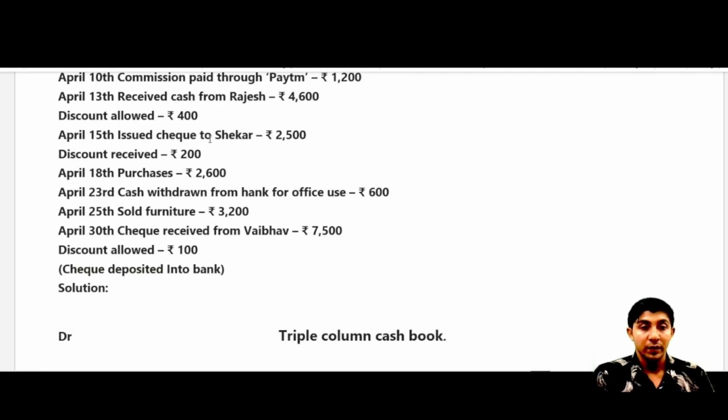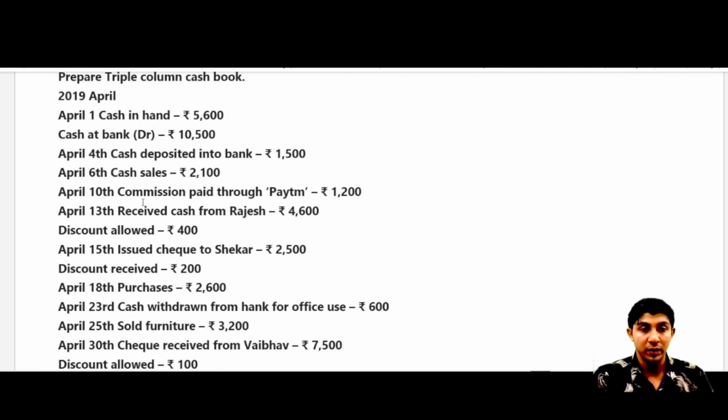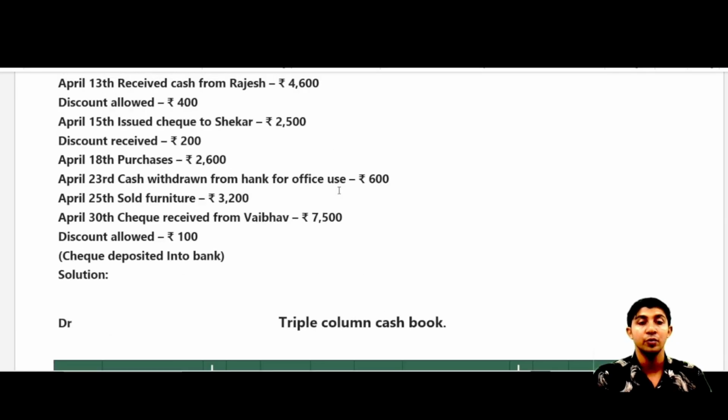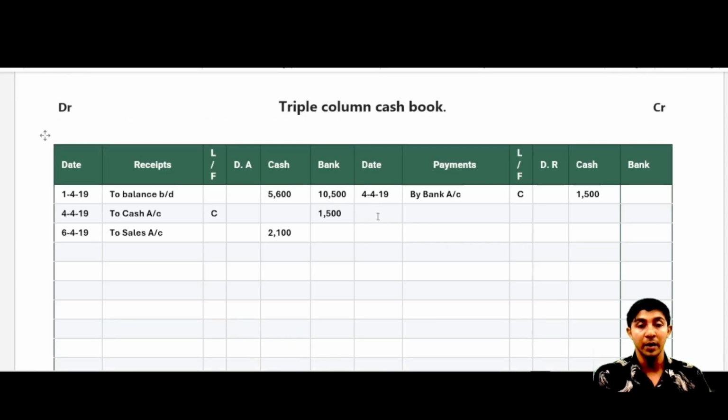Then after that let us move towards the next transaction, that is on 10th. Commission paid through Paytm 1200. आप कमीशन पे करे, ये कब हुआ? 10th के दिन हुआ. तो पे करे बोले तो पैसे गए तो we have to record it on payment side for 10th April 2019.